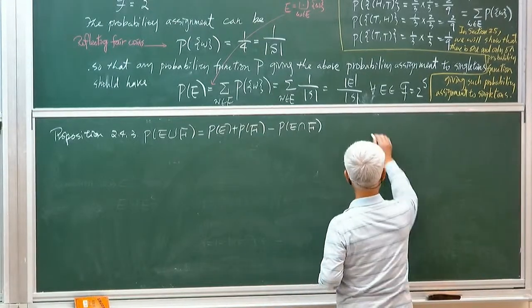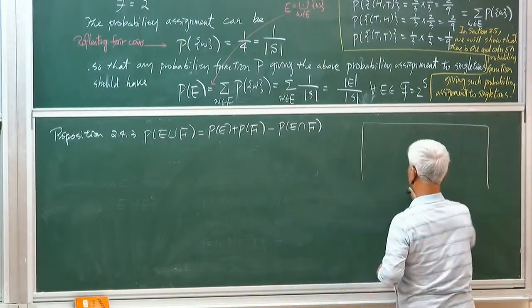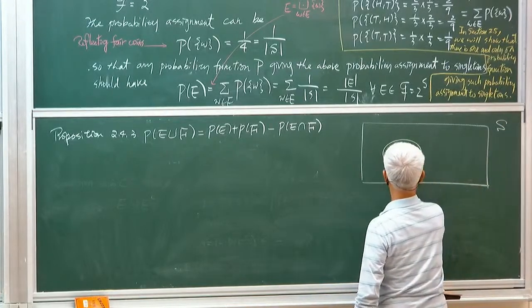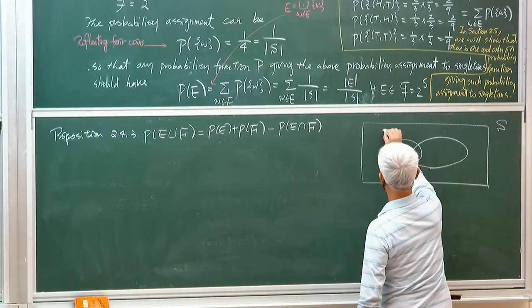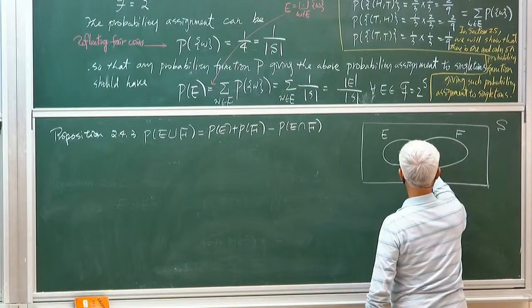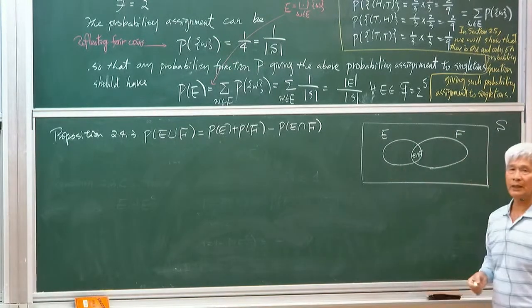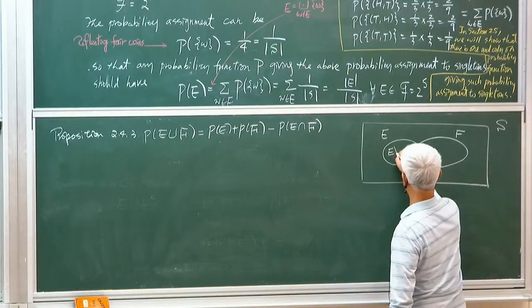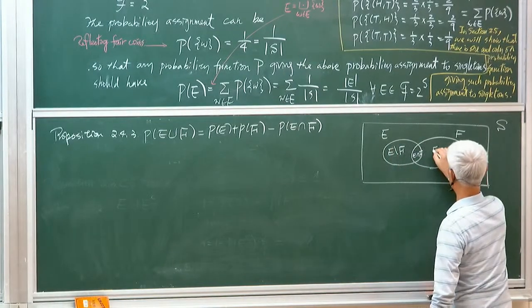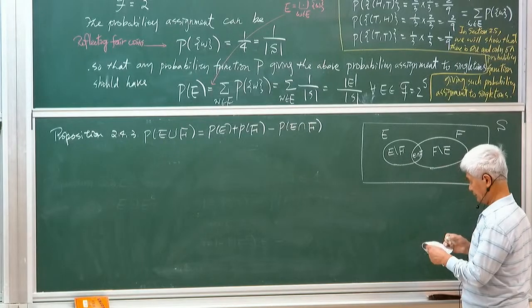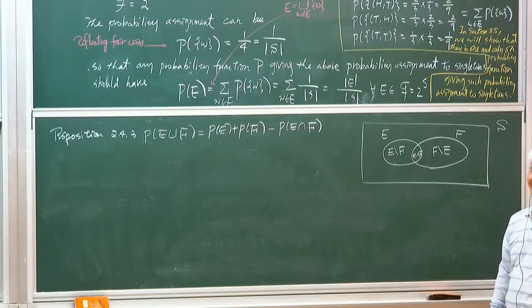So the situation is here. This is the sample space, this is E, F, and you have E intersect F here. This part is E minus F, and this part is F minus E. Is that okay?